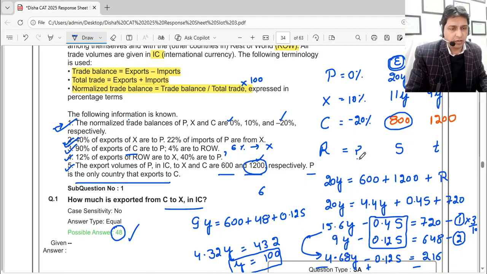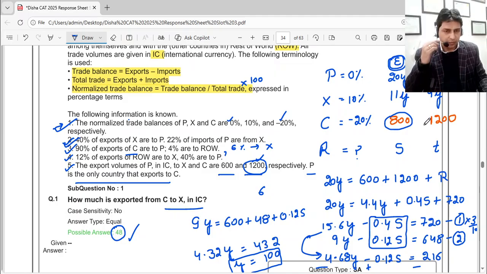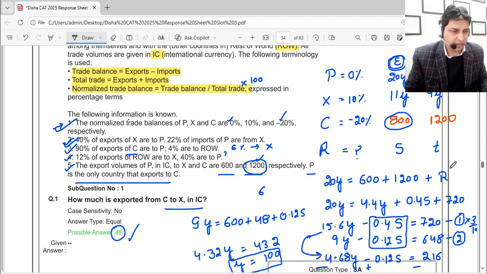We just tried to find out the value of Y because we needed to know how much export is going to ROW. For that we need to find out the value R. For R we needed to find out the value of Y, and for Y there are 4 places where we had Y: 20Y, 20Y, 11Y, 9Y. So we have already used this 20Y.